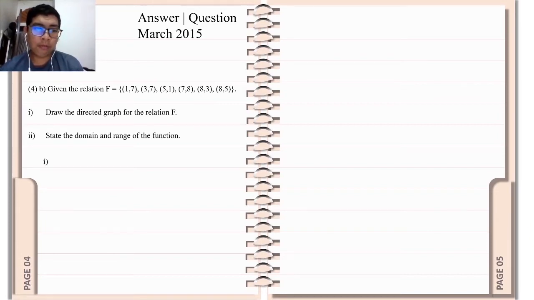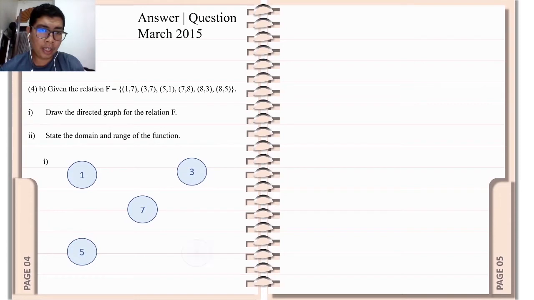In order to draw, we need to draw the vertices first. So the vertices in relation F are 1, 7, 3, 5, and 8. Then we need to connect the vertices by using the edges.